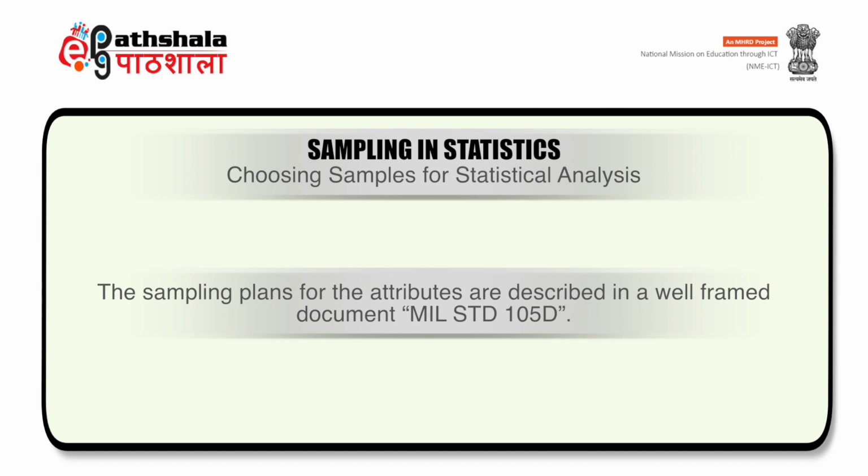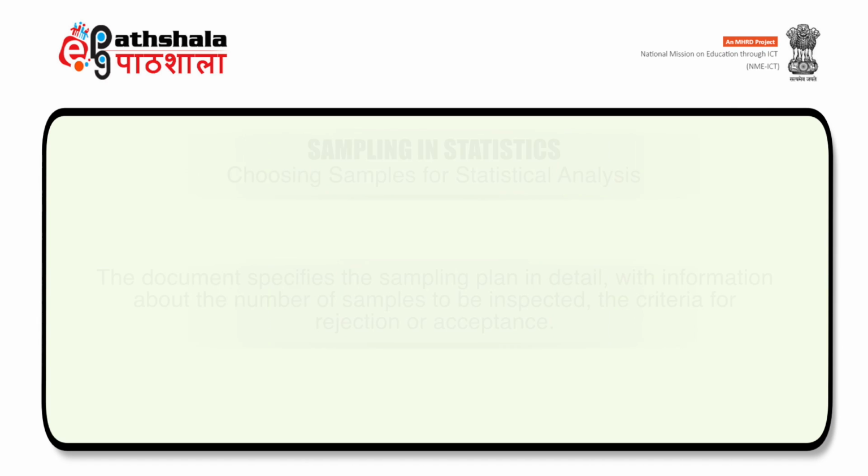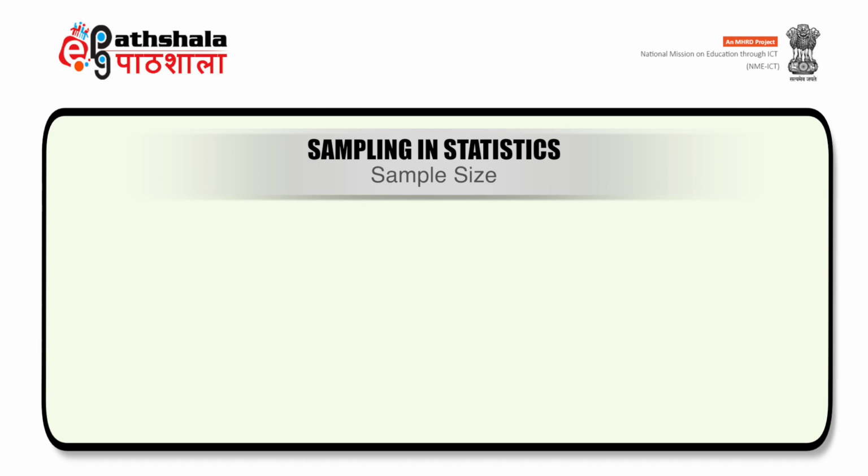The sampling plan for attributes is described in a well-framed document stated as MIL STD 105D. The document specifies the sampling plan in detail with information about the number of samples to be inspected and the criteria for rejection or acceptance. After understanding choosing samples, now we will discuss sample size.